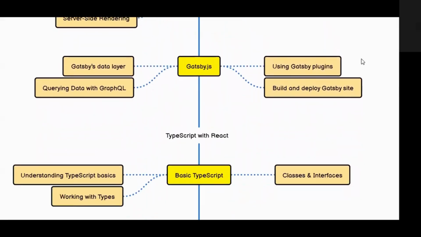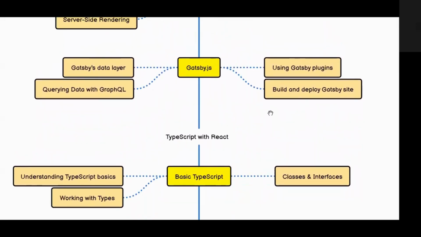And the most important thing while working with React is TypeScript. When you are going to work with large scale applications, or even small applications or smaller websites, you should always prefer TypeScript instead of JavaScript, because TypeScript is very good for error catching while writing code.